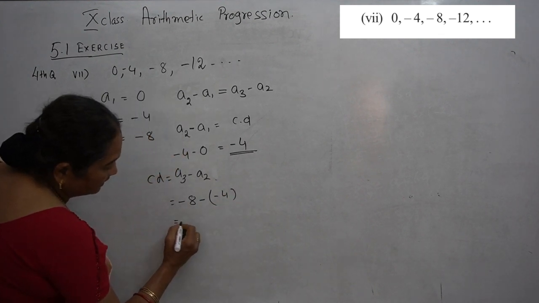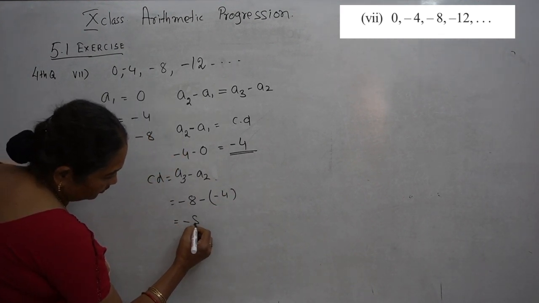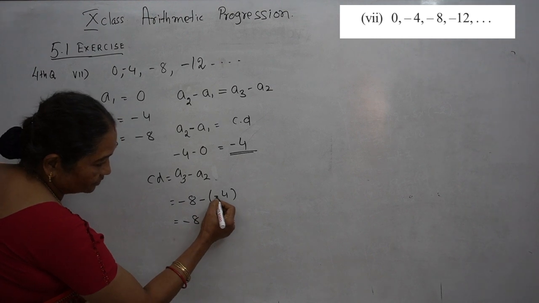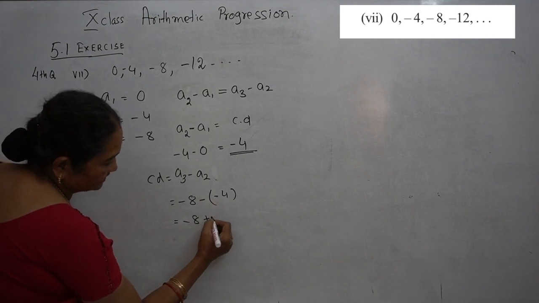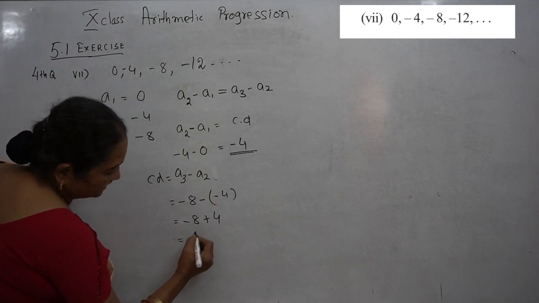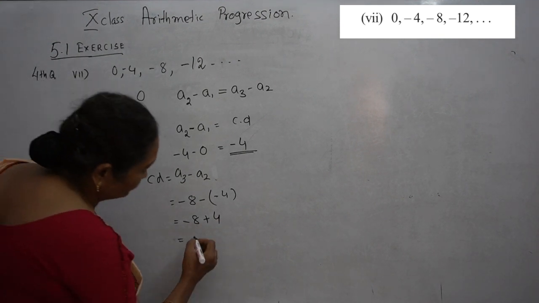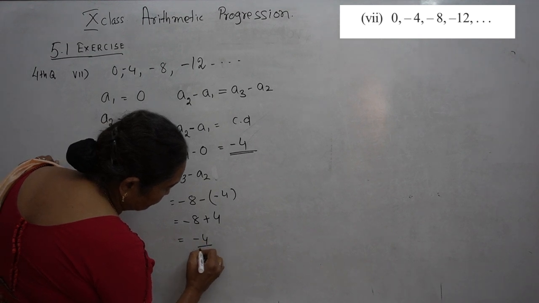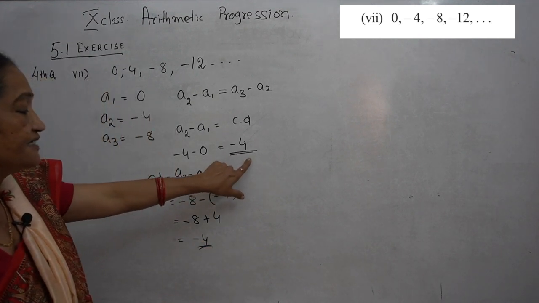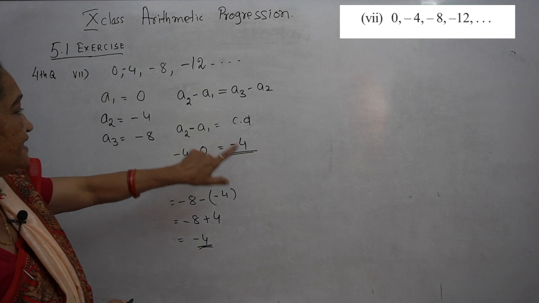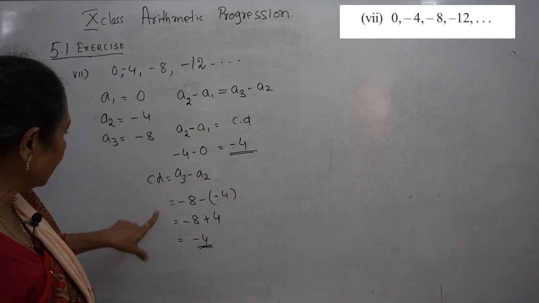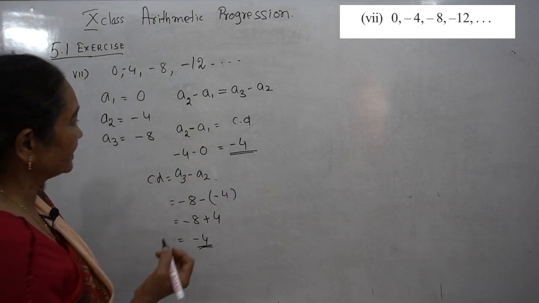Now we shall open this bracket. Minus into minus is plus 4. -8 and plus 4, if you subtract, what are we getting? -4. So what is our common difference? A2 minus A1 is -4 and A3 minus A2 is also -4.